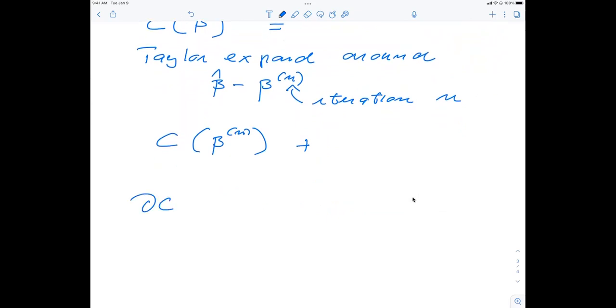So dC over d beta with beta equal to this beta of n, this is something which we defined as g, the gradient, at iteration n. So when you see this g of n, that's just a derivative calculated at that specific value of beta.